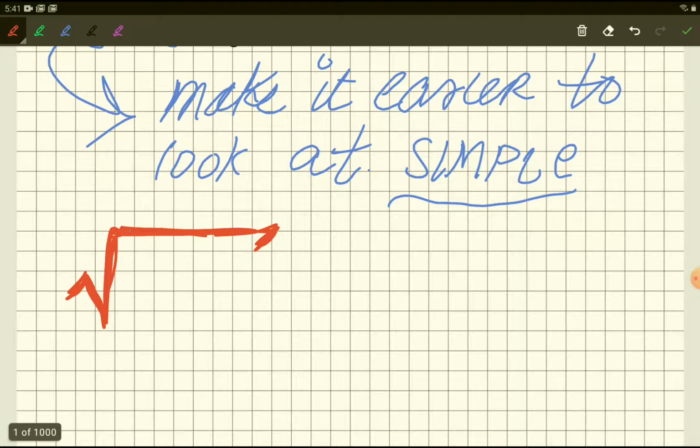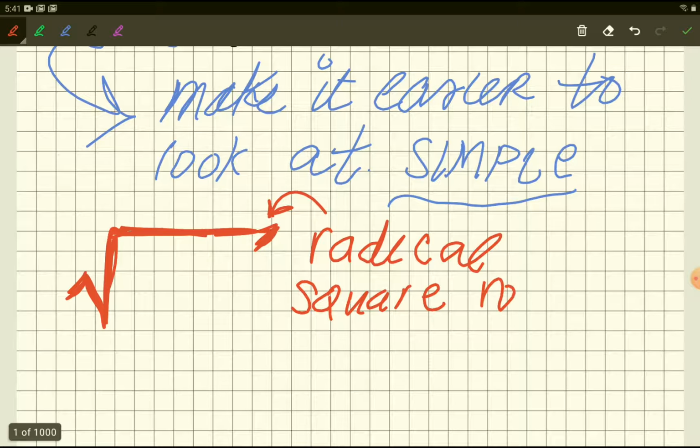It's very loosely related to division. I do not want you to think this is like division, because that'll just make things confusing. This is called the radical. It's also called the square root symbol.